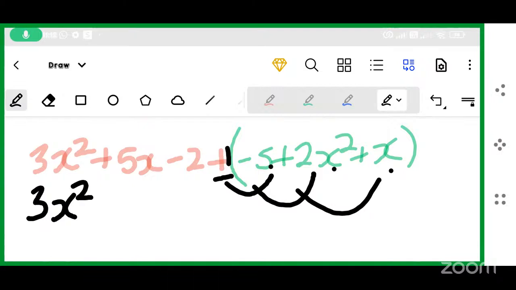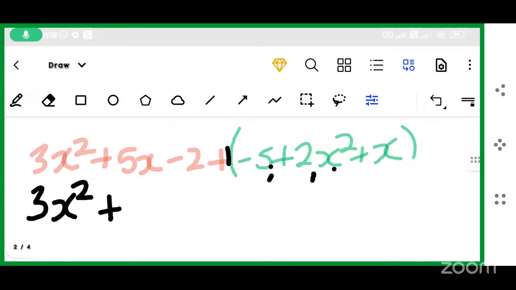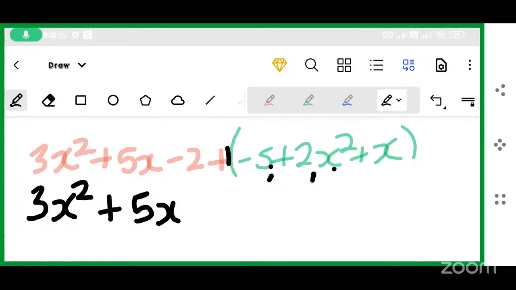So now we have our 3x squared plus 5x minus 2. And then what do we get when we multiply a positive and a negative? A negative. Perfect. So we're going to have a negative.